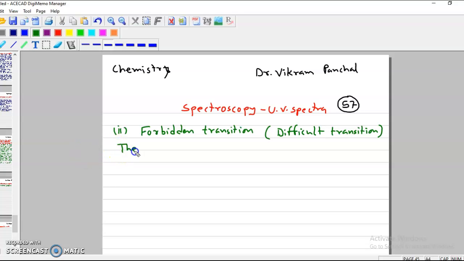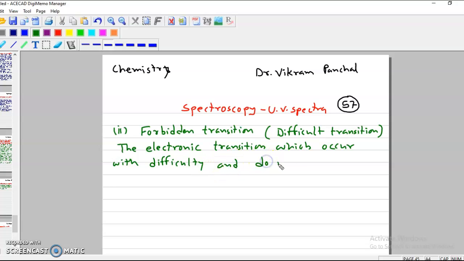The electronic transition which occurs with difficulty and does not follow selection rule is known as forbidden transition.